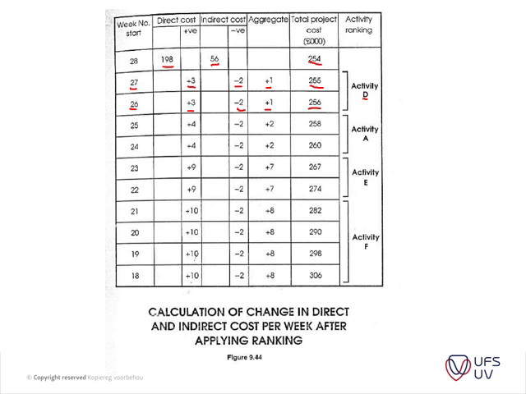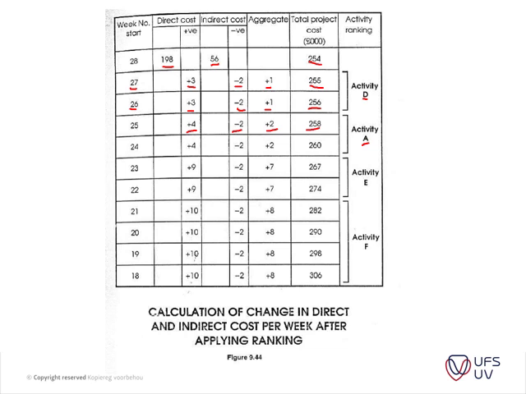Then we look at activity A. If we reduce it by 1 week, here we add 4,000 pounds and we subtract 2,000 for our indirect costs, and then we've got an aggregate of 2, and 250,000.